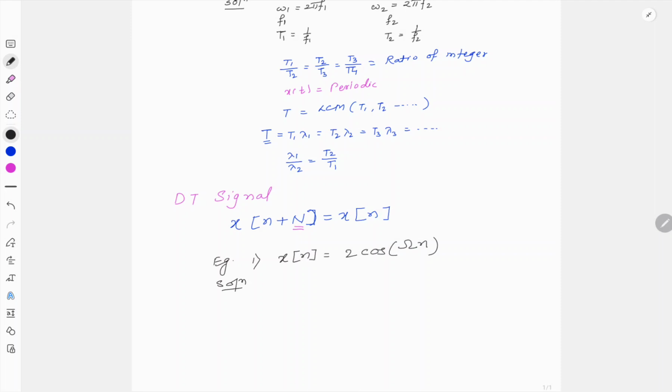From this capital omega equal to 2 pi f, we find f, and this f will be equal to k by N. If this k by N is a ratio of integers, then we call it a periodic signal, and the period is given as N, and the unit of this N is samples per cycle.